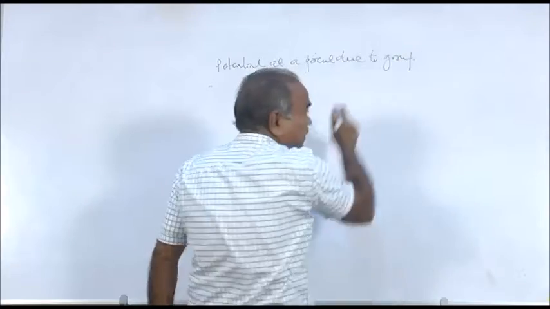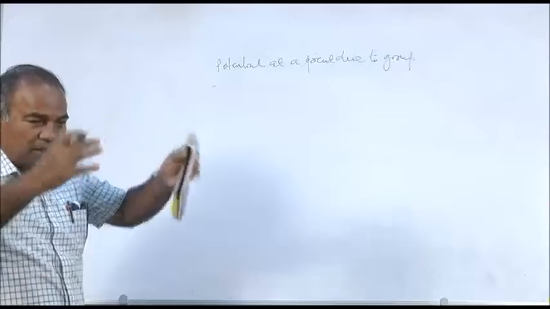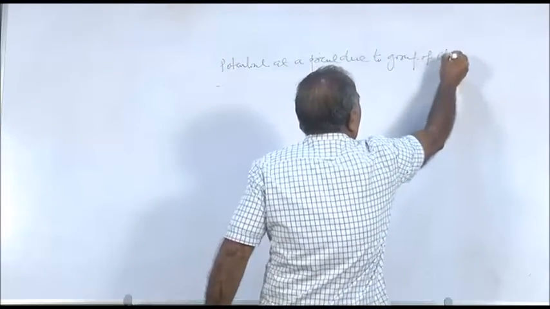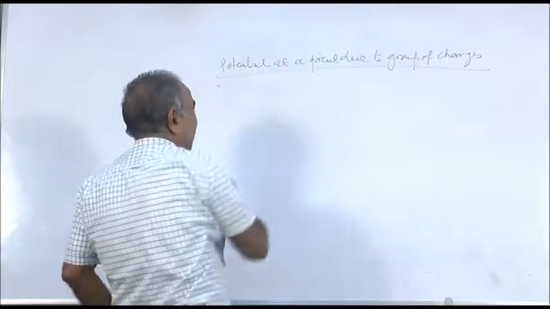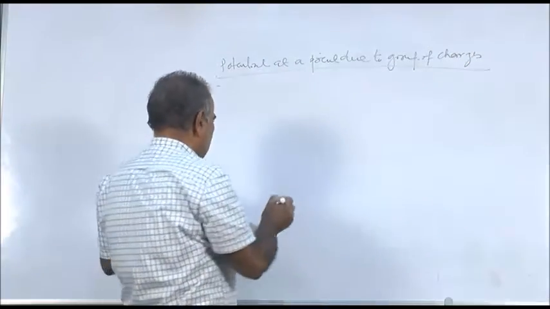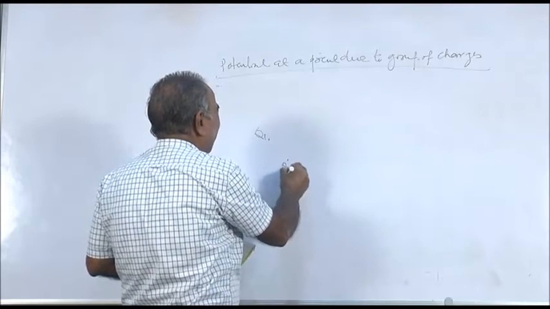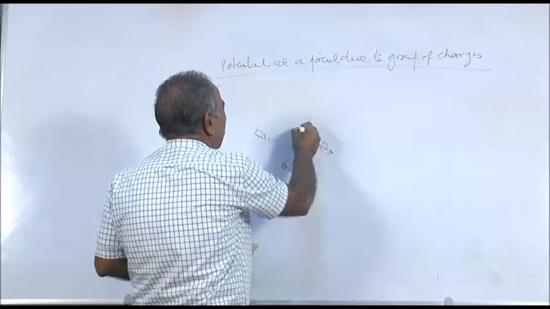Instead of a single charge, if there are a number of charges at different points in an electric field, suppose this is Q1, this is Q2, similarly this is Q3, and so on up to Qn.